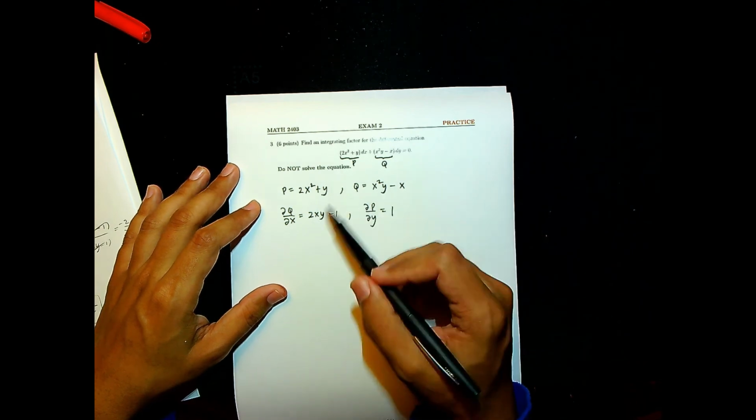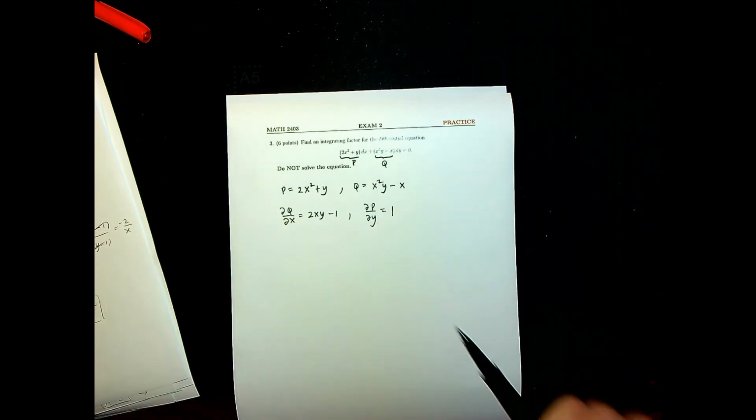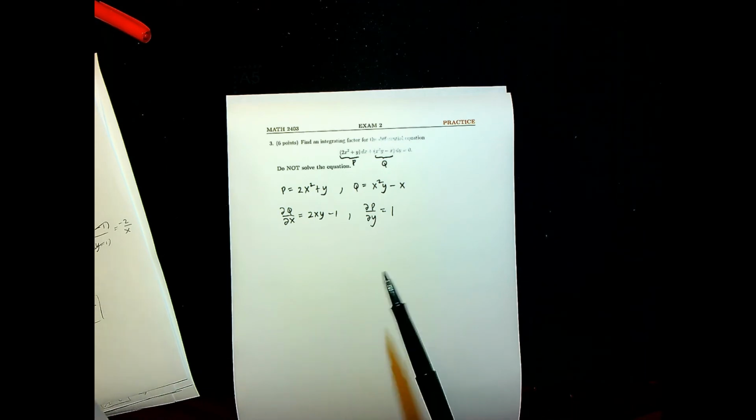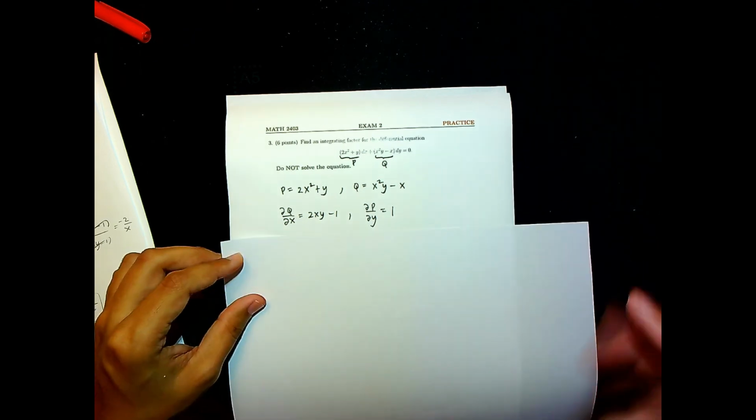However, when you find the difference, you have to think whether, if you divide by P or if you divide by Q, one of those combinations gives you a function of one variable only, right? So you have two possible combinations.